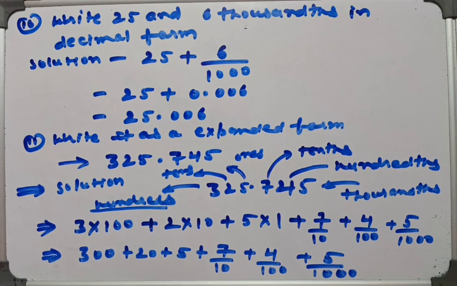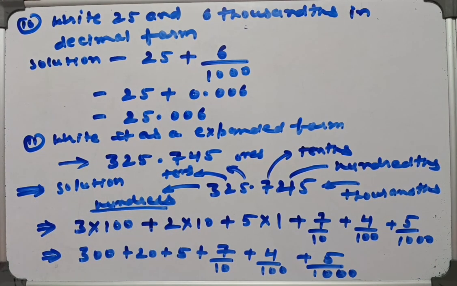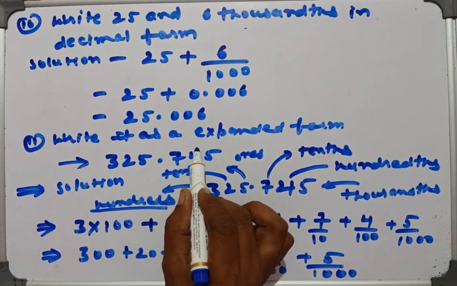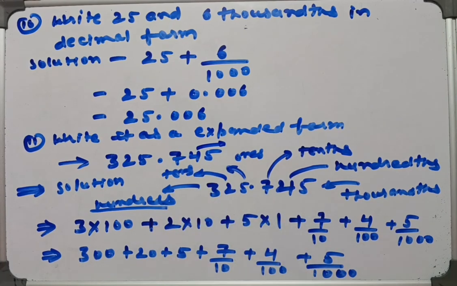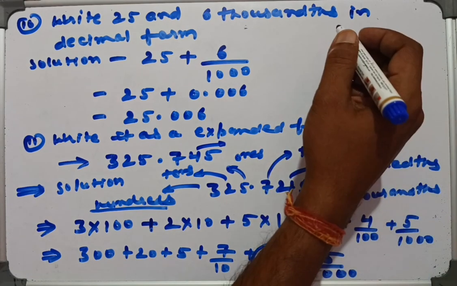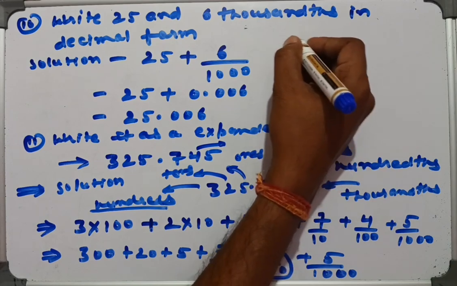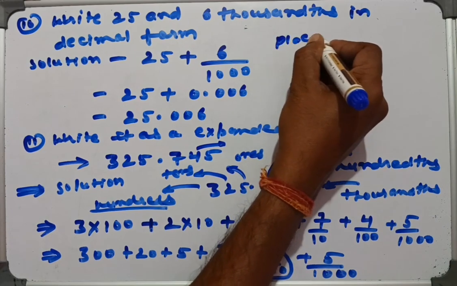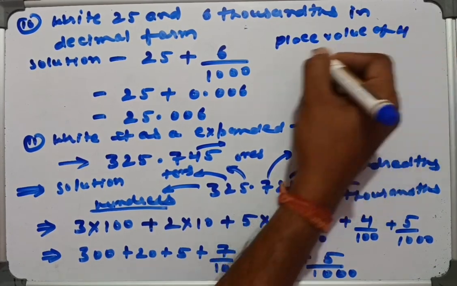In examination, maybe this question is given, or somebody asked you what will be the value of this 4. So what will be the value of this one? It is 4 by 100. Or you can ask the place value of 4.